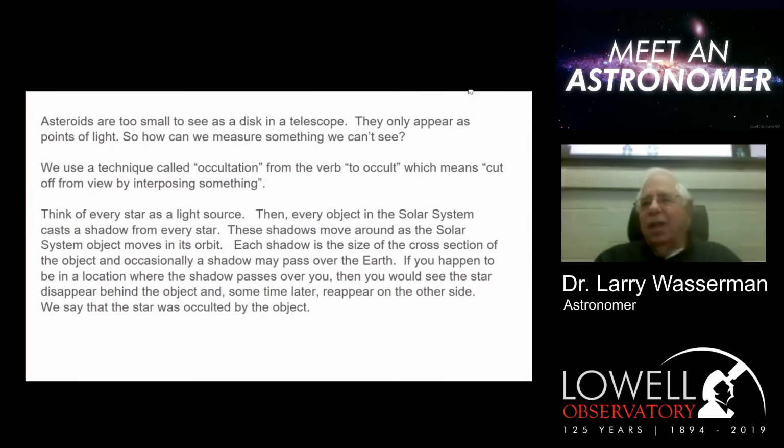And occasionally, a shadow from a star may pass over the Earth. If you're in a location on the Earth where that shadow passes over you, then you see the star disappear behind the object, it blinks out, and then sometime later it reappears on the other side. We say the star was occulted by the object.